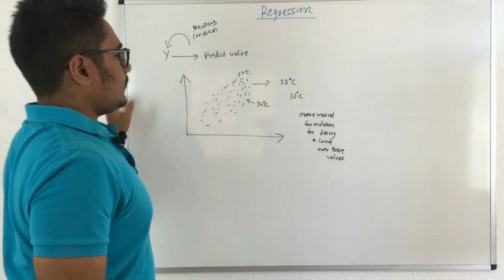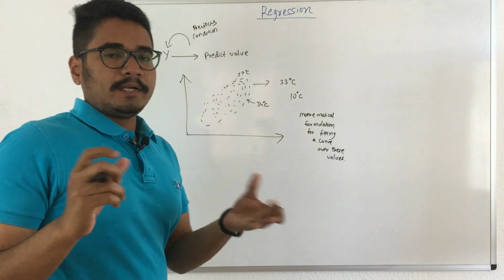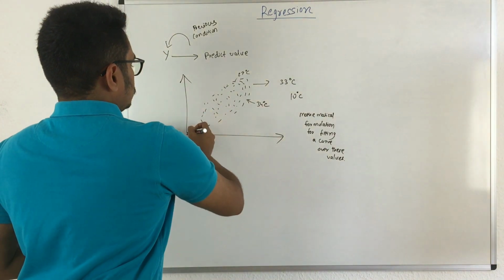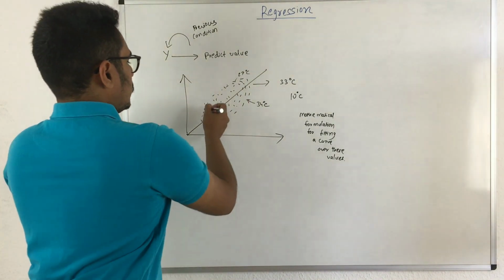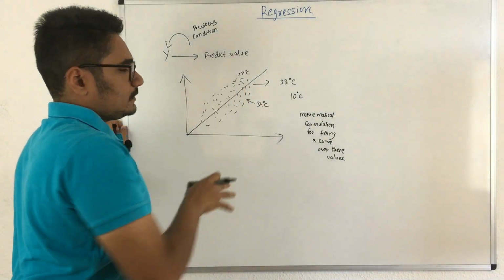It finds a mathematical equation so that it will fit a curve or some line on this, so that all these points fit well on this curve.